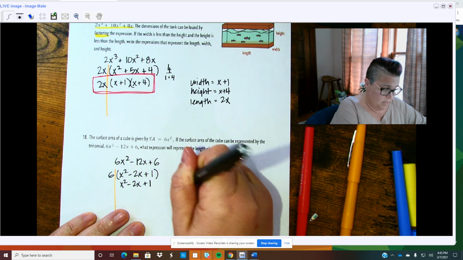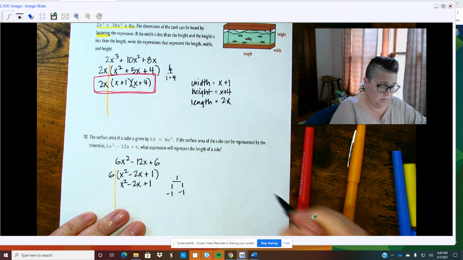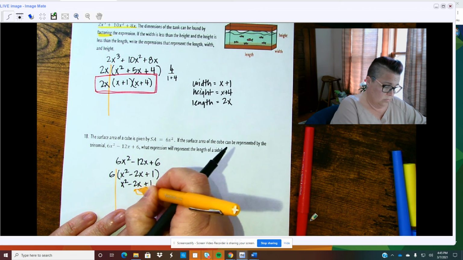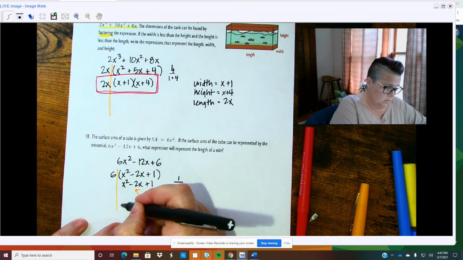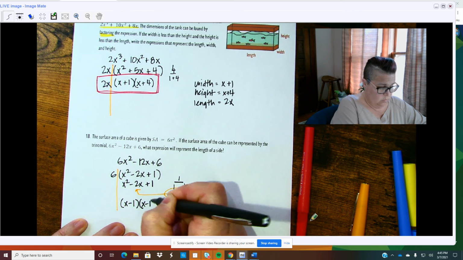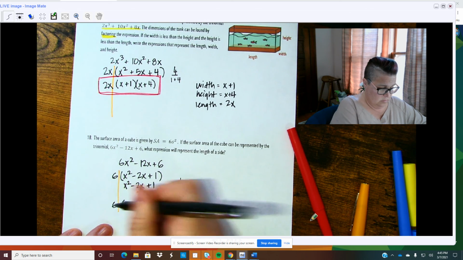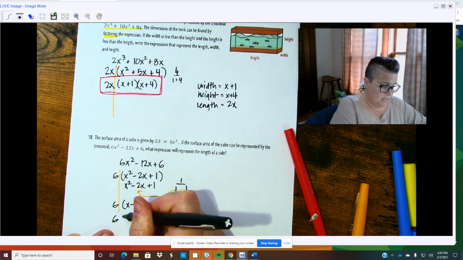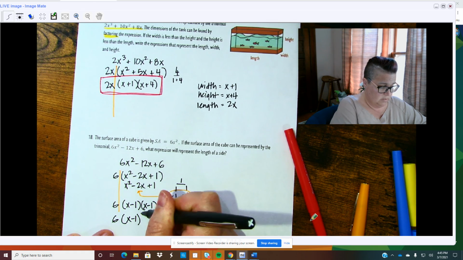That would be 1 and 1 or negative 1 and negative 1. This is the pair that adds to negative 2. So this would be x minus 1, x minus 1. So if I were to simplify this, I could write it as 6 times x minus 1 squared.